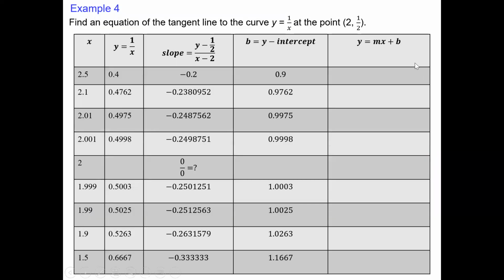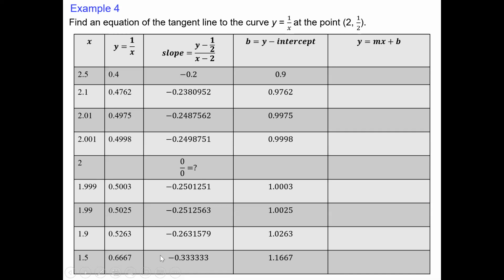Okay, and let's see all of the values. I will change the slide. Okay, those are the same values that I typed and wrote down. Let's see the slope one more time: negative 0.2, negative 0.238, negative 0.248, negative 0.249. We can see it looks like negative 0.25, and the same for this one.